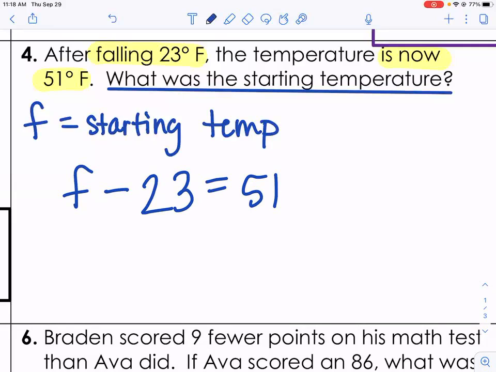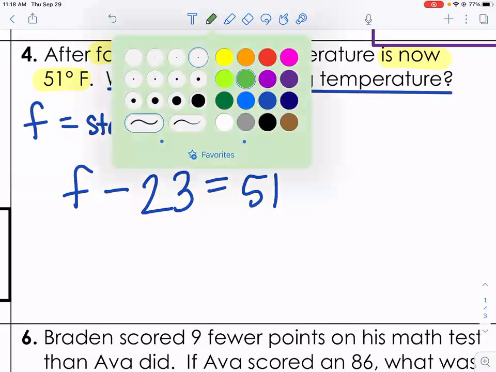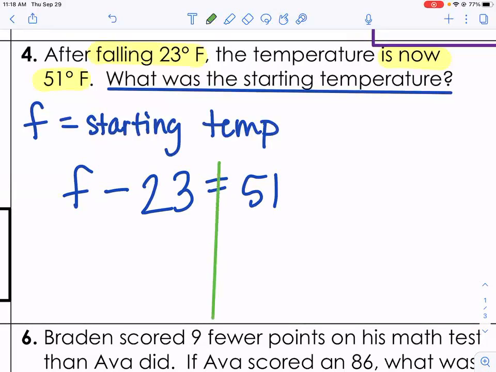Does her equation make sense with that sentence? Yeah, it does. Our original temperature falls, so we subtract 23, it's now 51. Good job, Kinley. Okay, are you good, Ryan? Okay, Trent, are you good? Okay, so now we're gonna add 23 to both sides.